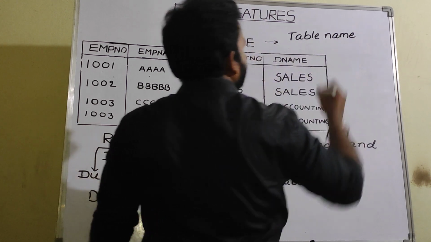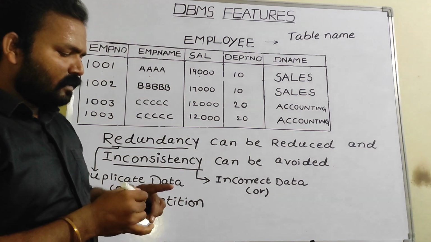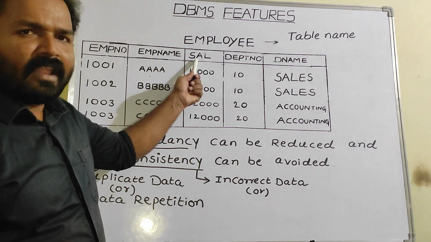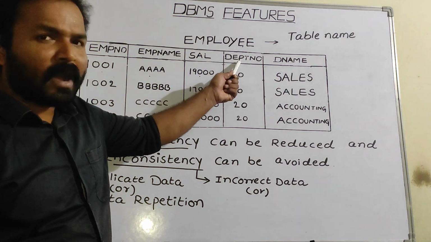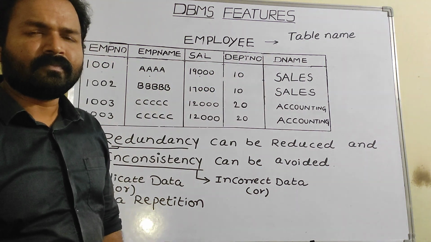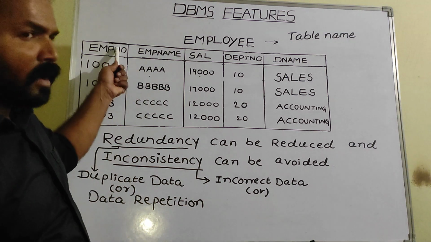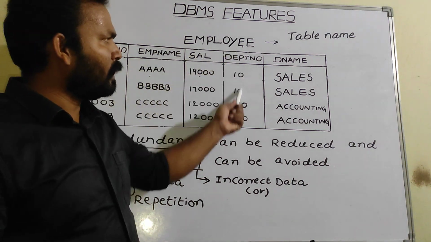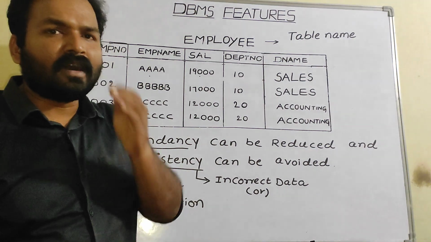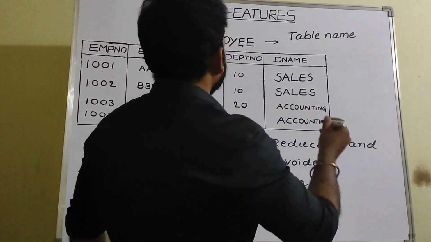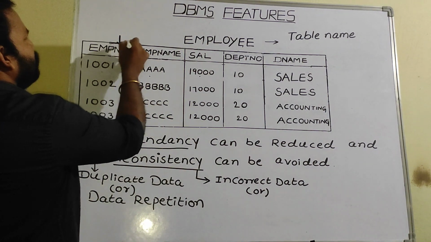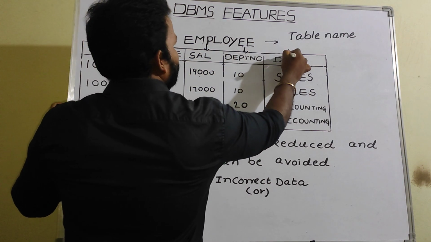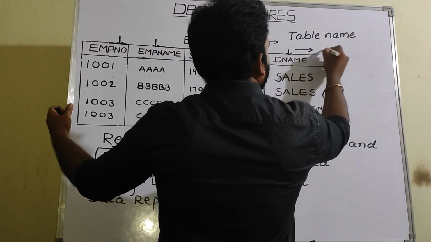Employee number, employee name, salary, department number, department name are the column names.